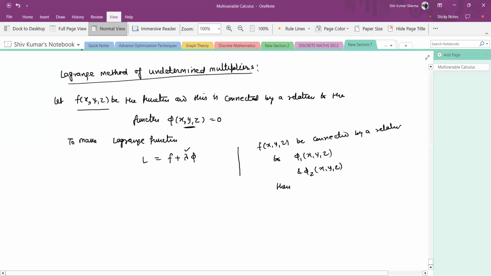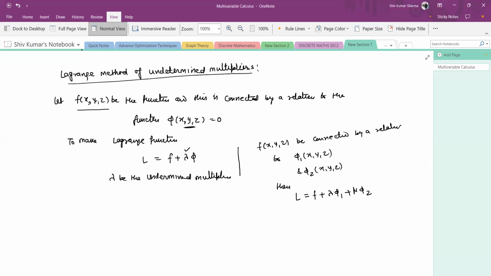Then you write down the Lagrange function L is equal to f plus lambda into phi1 plus mu into phi2. So here lambda and mu work as multipliers, undetermined multipliers. So lambda is the undetermined multiplier at this stage. Okay, so we also determine the value of lambda.